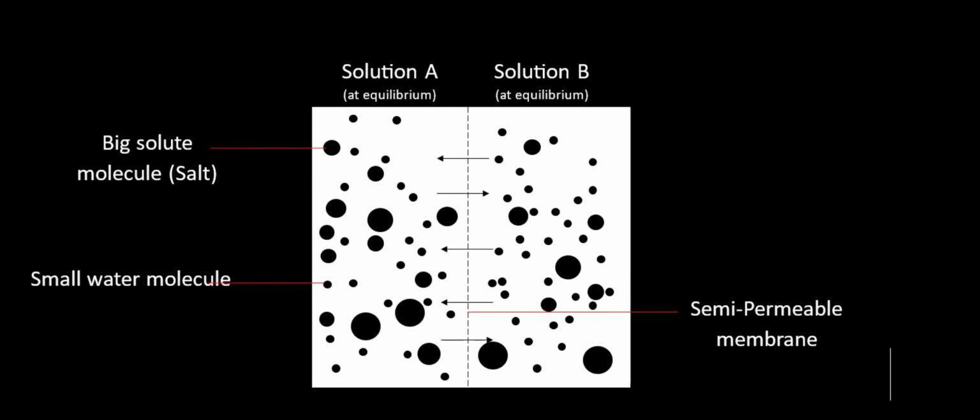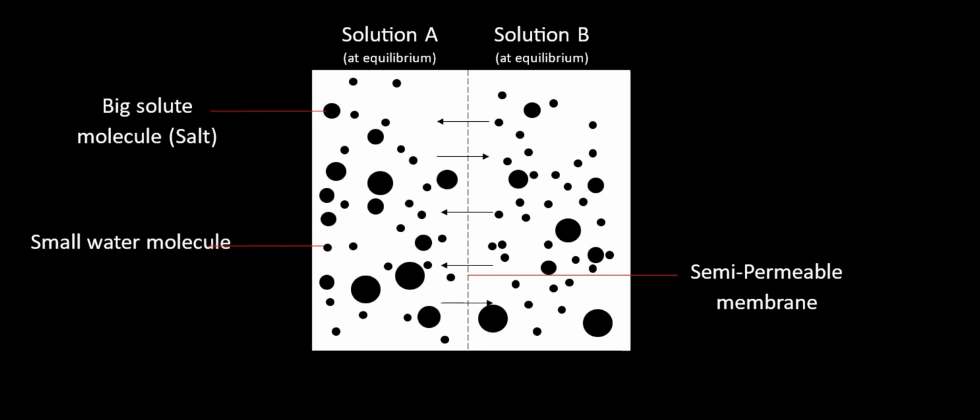This diagram is a modification of our previous diagram. We see that solution A is now in equilibrium with solution B. There has been net movement of water from solution B to solution A. We can see now that the number of solutes are actually equal on both sides.